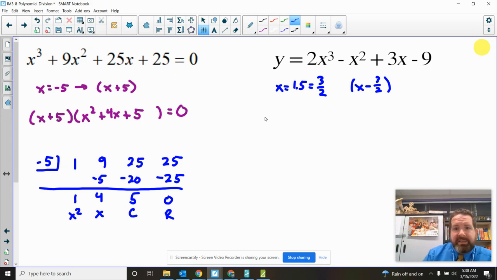Now, let's do some synthetic division to find out what our other factors should be. So the root is what goes in the box, so the positive 3 halves.